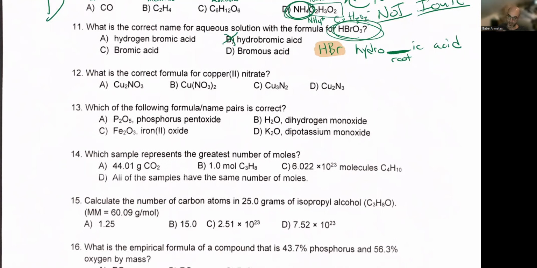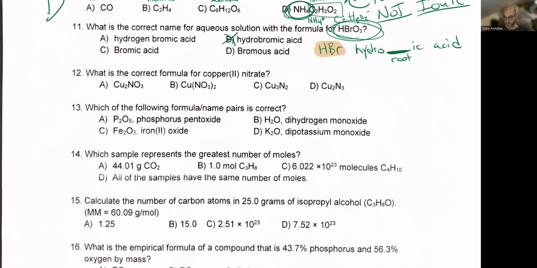That's really what it's going to come down to, whether you know bromate or bromite. So BrO3, think about other things that you know, Cl, that are in the same category, ClO3, ClO4.